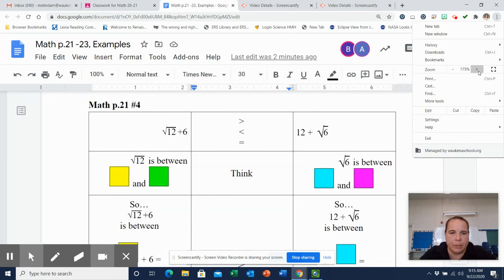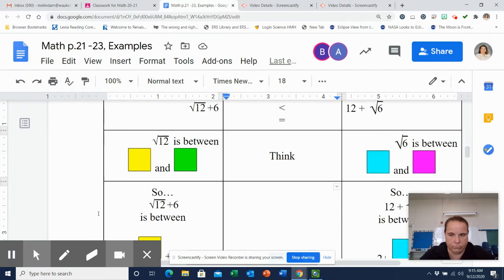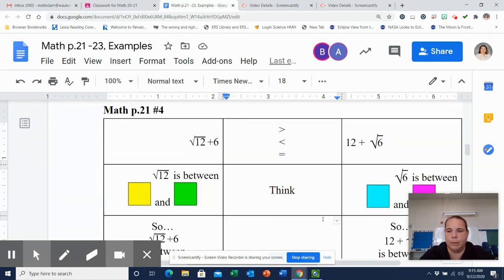So let's think to ourselves. We have the square root of 12 and we have the square root of 6.